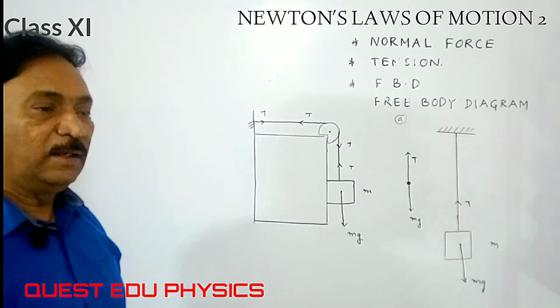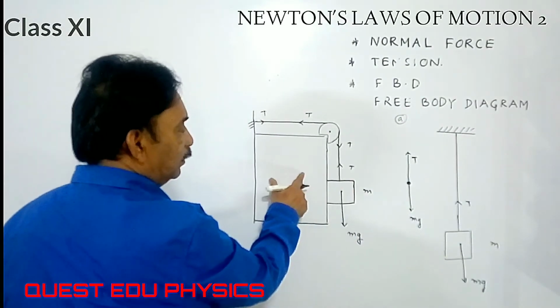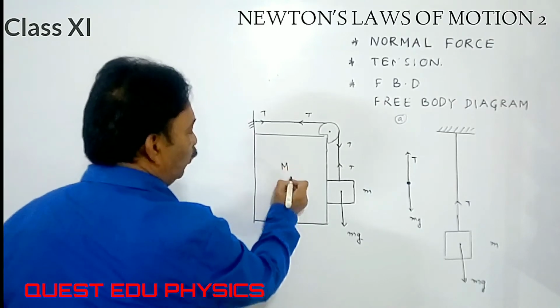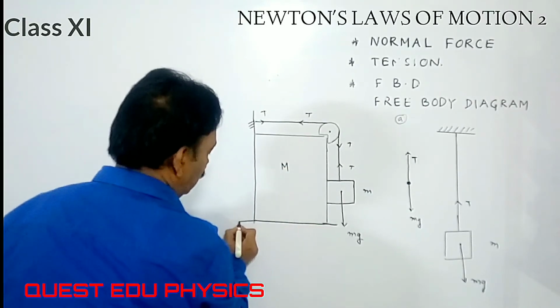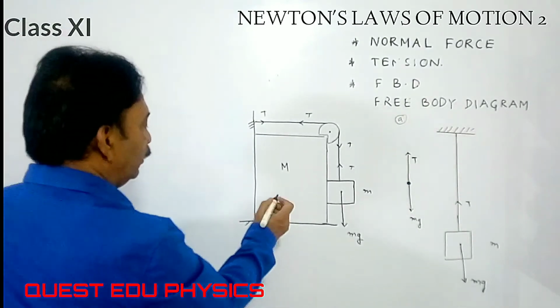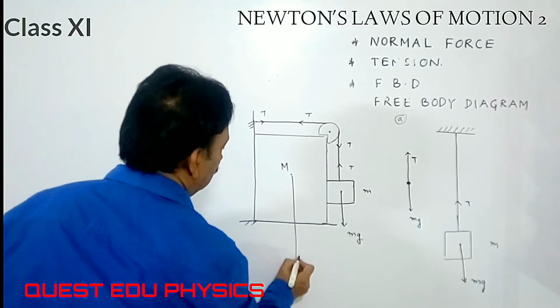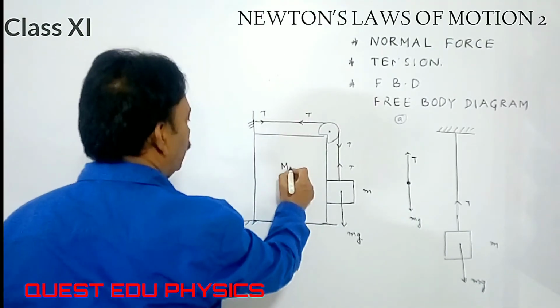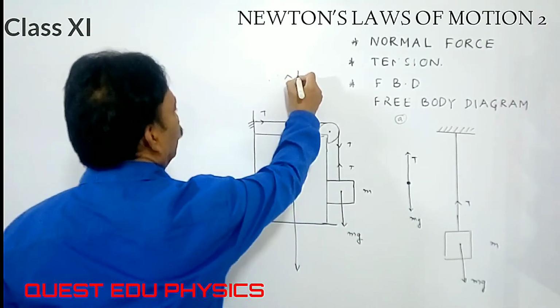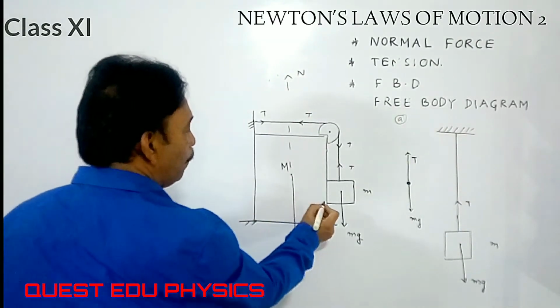We are drawing the free body diagram for the mass m, and consider it is a block kept over a surface, with a mass of m. Here, if we consider the mass, the weight works vertically downwards and the normal reaction will be upward.